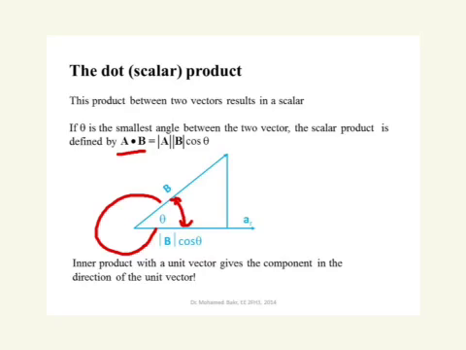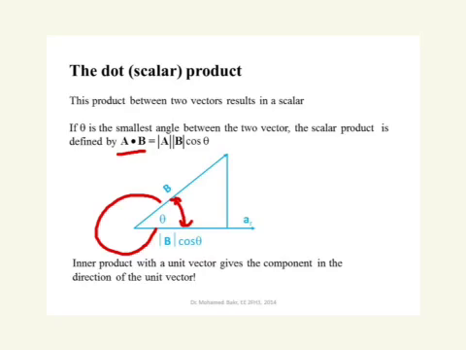So the dot product mathematically is equal to modulus A modulus B cosine theta, where modulus A is the magnitude of A, or the strength of A, modulus B is the magnitude of B, and cosine theta is the cosine of the smallest angle between them.